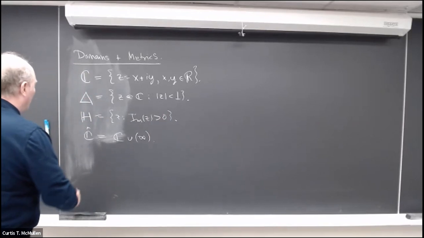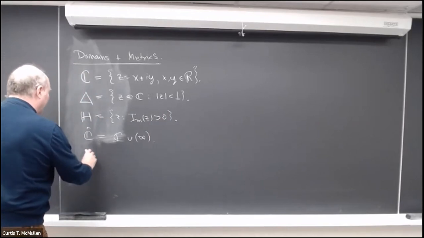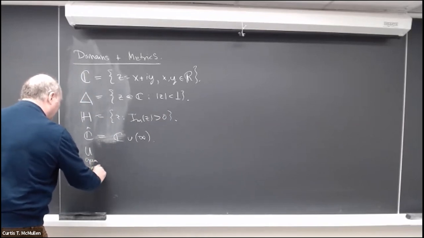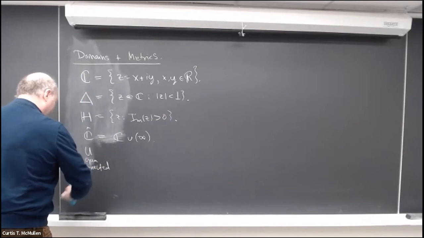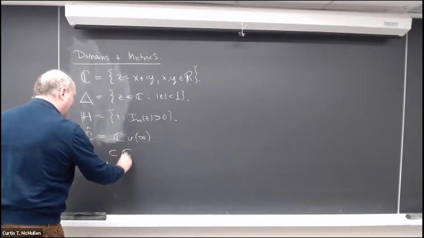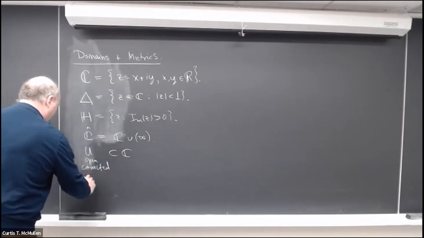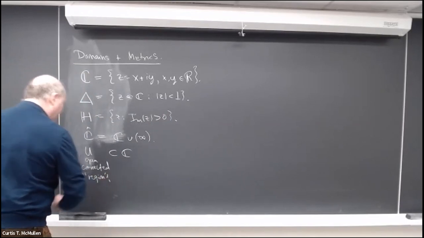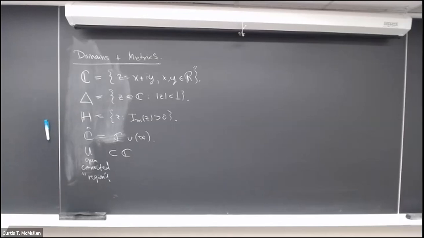Now let me remind you what an analytic function is. So I should say, here's a little bit of terminology. An open connected set in the complex plane is often called a region. It's useful so I don't have to keep saying the word open.